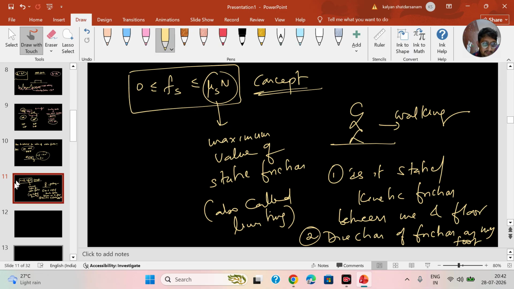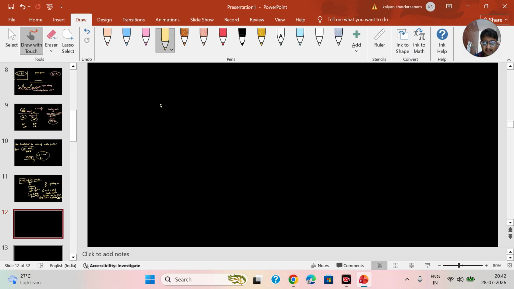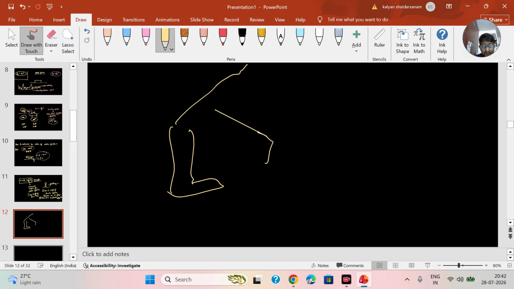Yes. So let me first give you the complete picture. When you are walking, suppose one foot is on the ground, and you have bent forward, and the other foot is in the air maybe. I am unable to draw a proper diagram, but let me try. And you are trying to walk, right? Now look at this.